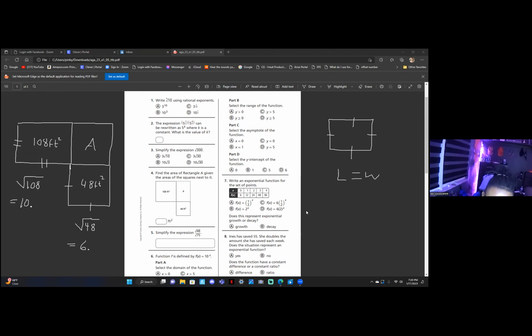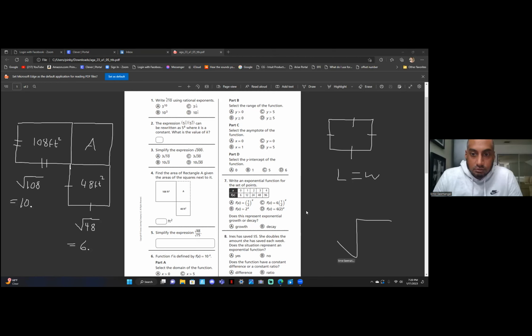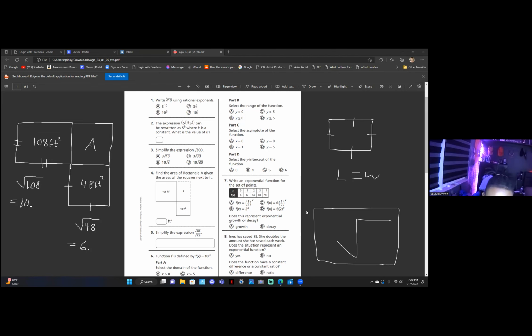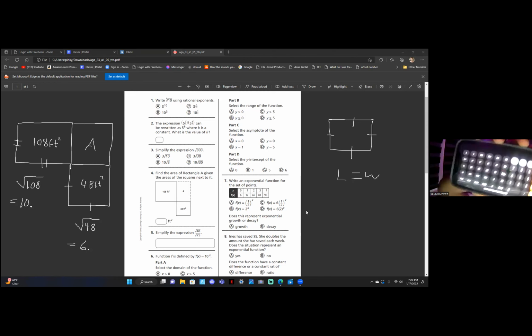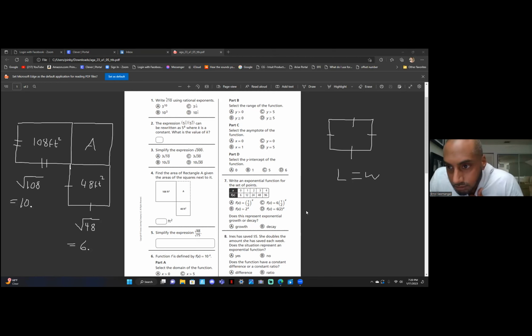Which root do I click? The one with the 2 or the one with the 3? The one that just looks like this. Show me your calculator. Back it up just a little bit.